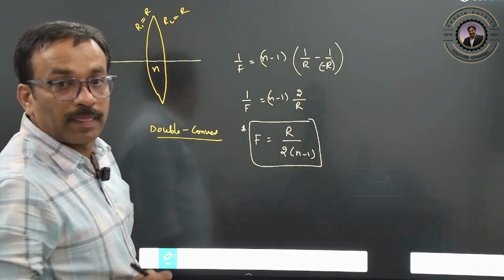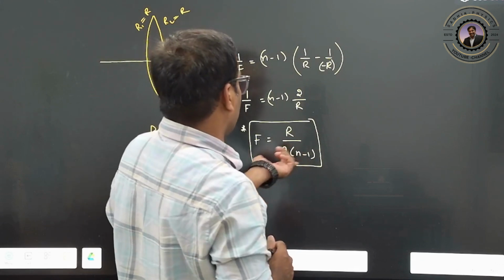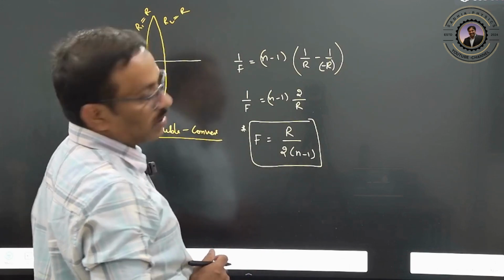Since the refractive index is greater than 1, the focal length is positive.